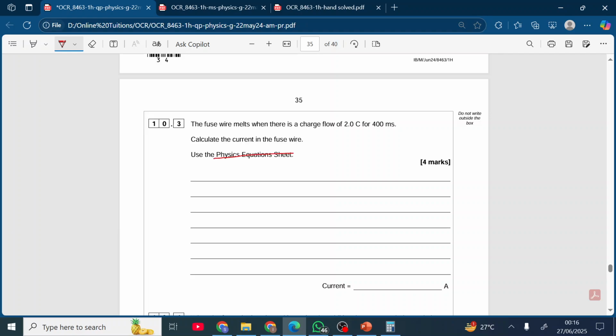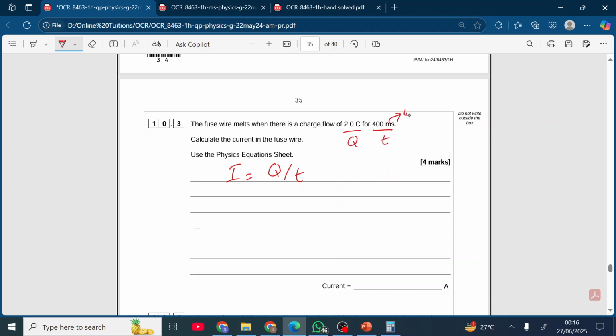So again, if we go to the physics equation sheet, we know that the current equals charge over time. Charge is Q, which is coulomb, and this is your time, and it is millisecond, so it should be 10 raised to the power minus 3. So current is 2 coulombs divided by 400 into 10 raised to the power minus 3, because you have to use the SI units, and the SI unit for time is not millisecond, it is seconds.